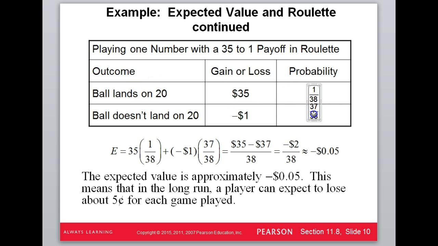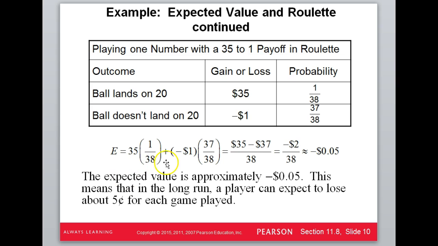Let's fix this a little bit if I can. So the negative meaning that we lost that dollar. We bet and we lost it. There's a 37 out of 38 chance that happens. The ball lands on the 20. There's a $35 gain, but there's only a 1 in 38 chance that happens.